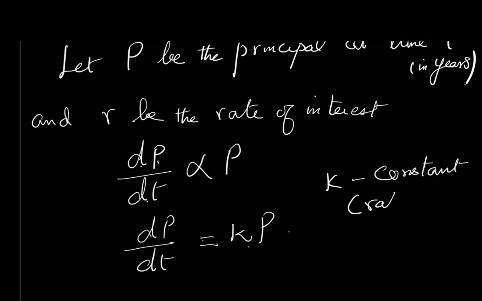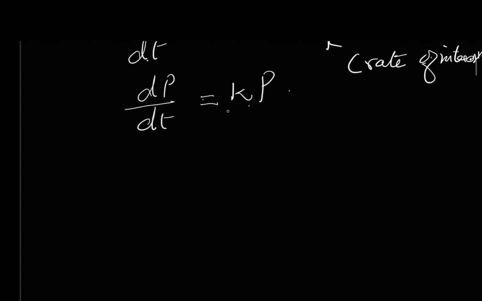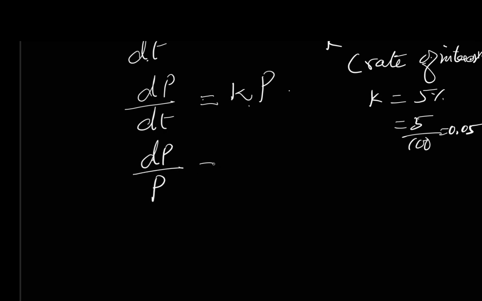So K is 5%, that is 5 by 100, 0.05. So dP by P is equal to K dt.